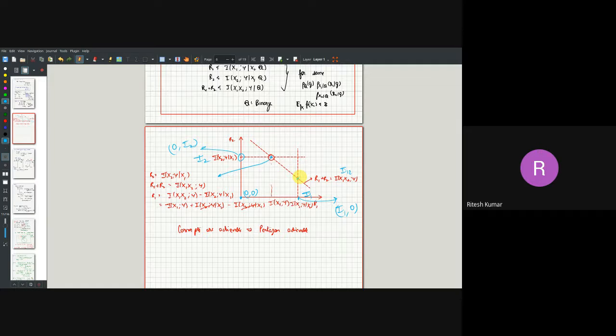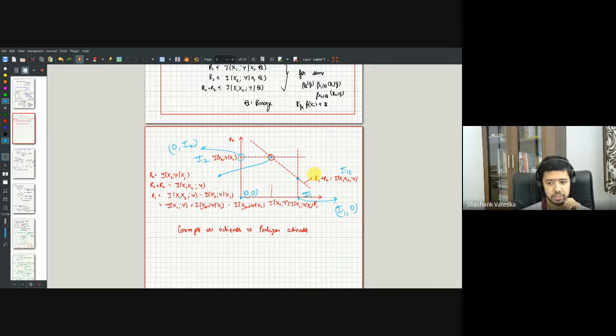So this rightmost point will be I x1 y given y2. That's fine. Agreed. But all that I've computed are I1, I2, and I12, right? I want to plot this numerically. Remember.